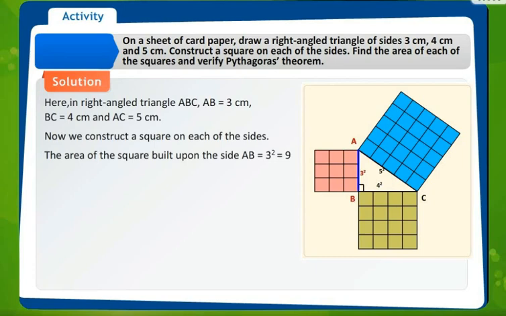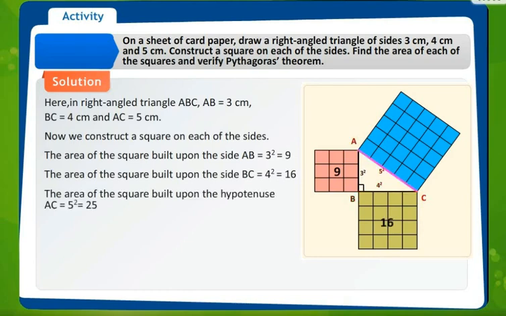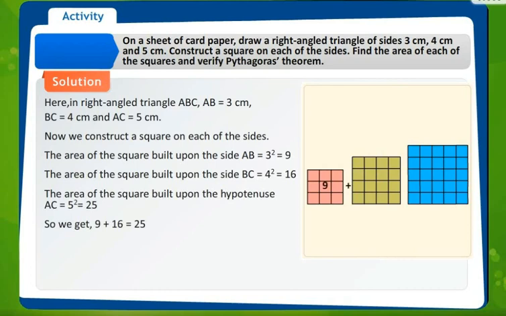Area of the square built upon side AB will be 3 square, which is equal to 9. Area of the square built upon side BC will be 4 square, that is 16. The area of the square built upon the hypotenuse AC, that is 5 square, is equal to 25. Now if we see the Pythagoras theorem, 9 plus 16 is equal to 25.